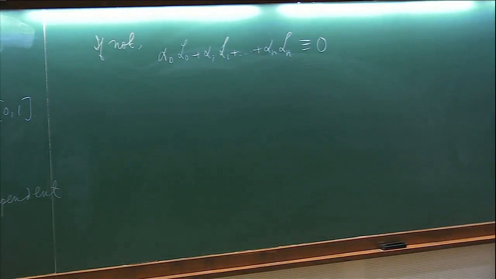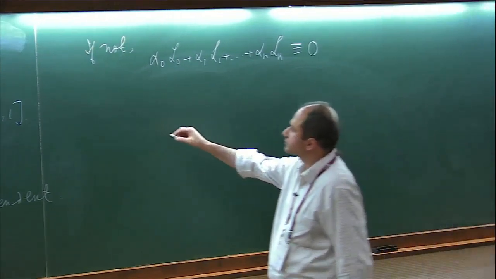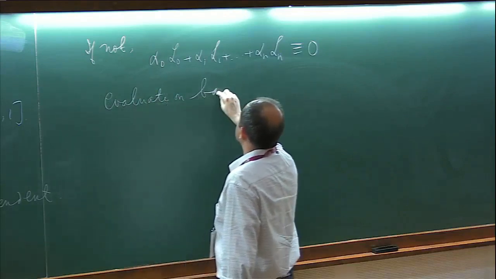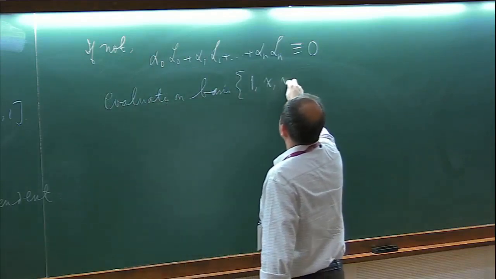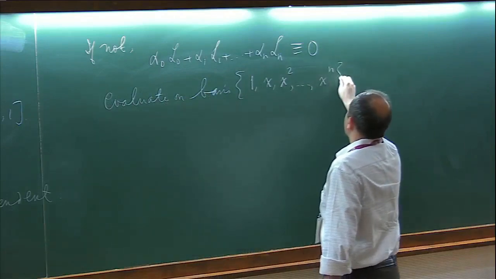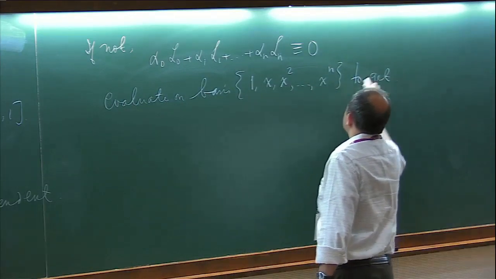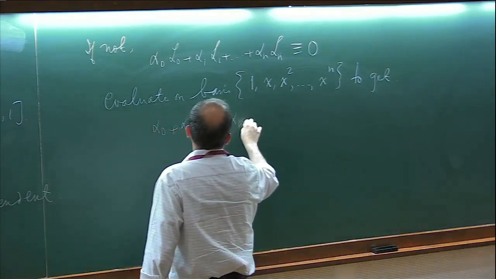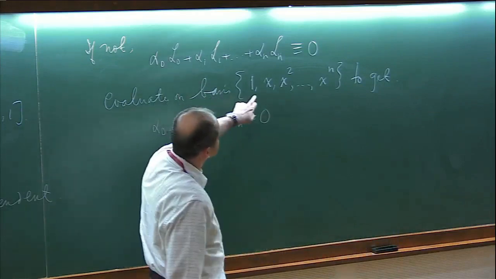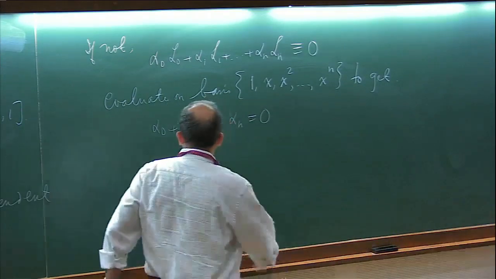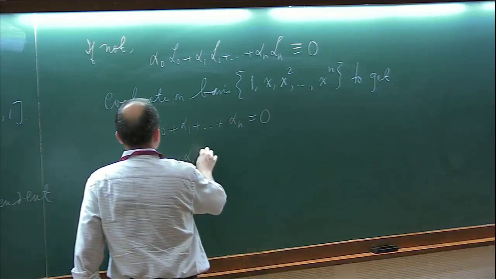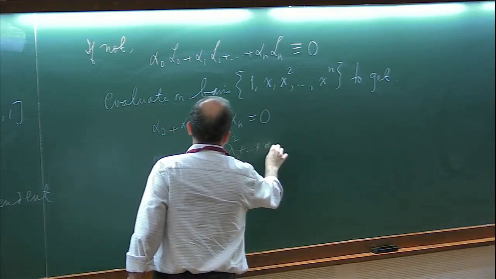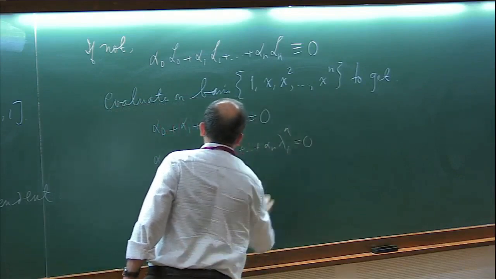If I do that, we will get a system of equations, evaluating on the basis, and we will get equations of this form: alpha 0 plus alpha 1 plus up to alpha n equals 0. This is what you get when you take the first constant polynomial, and then you get things like this, and so on.